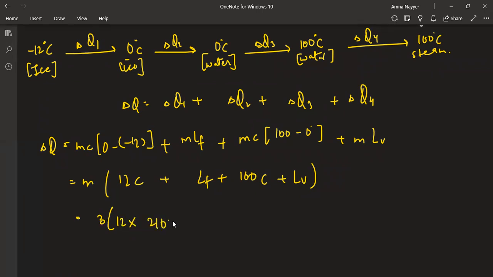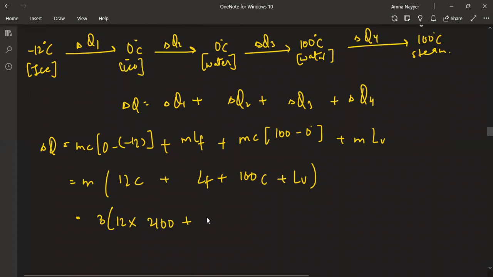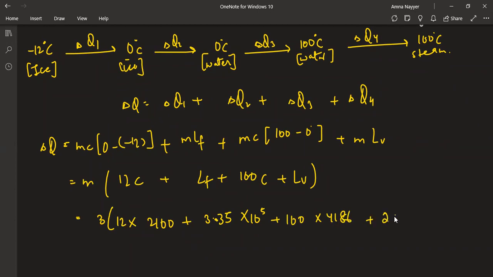This was 2100 plus, LF is 3.35 into 10 to the power 5, plus 100 into 486 plus 2.25 into 10 to the power 6. So this will be the final answer for this question. Just check and let me know. It should come around 9.08 into 10 to the power 6 joules.